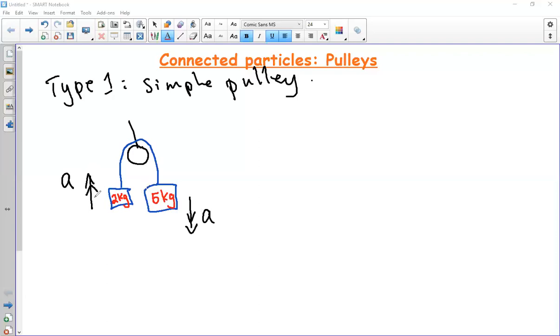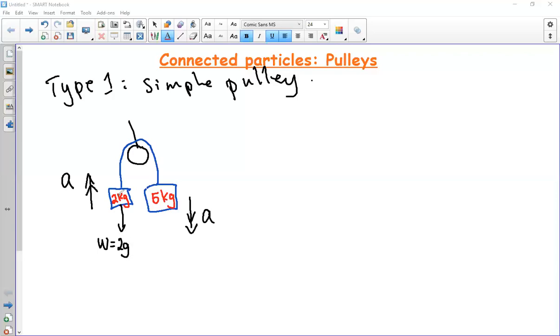Okay, so let's have a look. How can we label the forces? Well, you have to think of each object separately. For the 2 kilogram box, we have the weight acting downwards, and that would be weight equals mass times g, so that's just 2g.